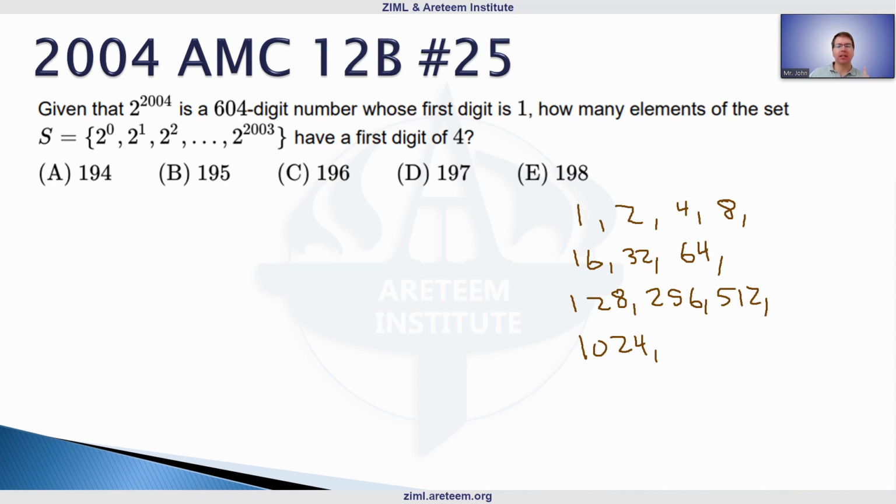So I'll organize this in a couple of different ways as well. But to start, let's think about a chart. So if we have the number 1, notice that this is our first digit. If the first digit is 1, so think like 1, 16, 128, notice that doubling that number, we have to next have a first digit of 2 or 3.